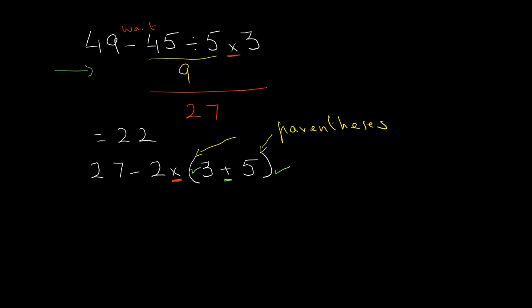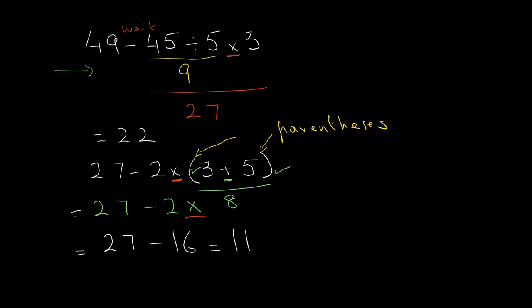So I first have to calculate this 8, and now I've added, and I've gotten rid of the parentheses. So now I have 27 minus 2 into 8. And now this multiplication takes precedence over the negative sign. So this becomes equal to 27 minus 16, which is equal to 11.